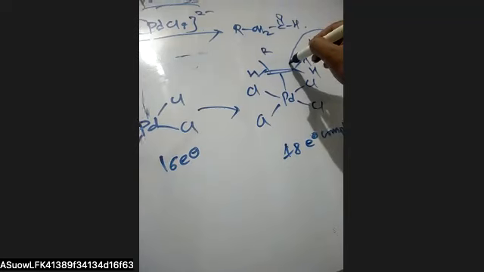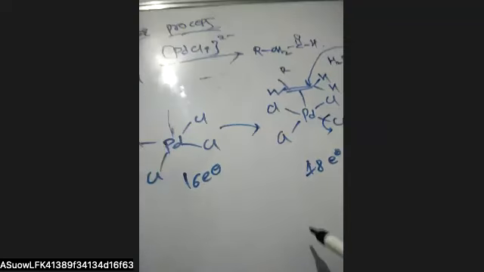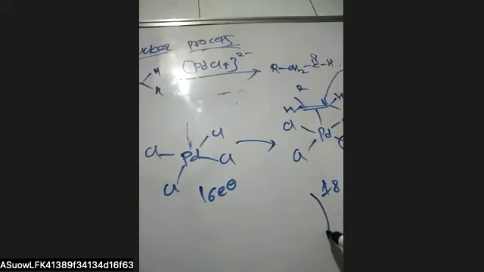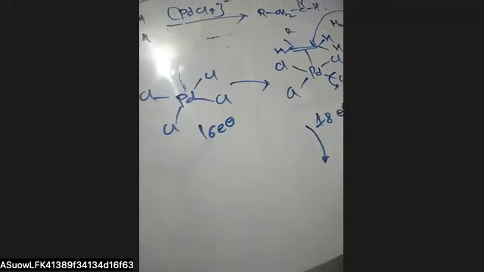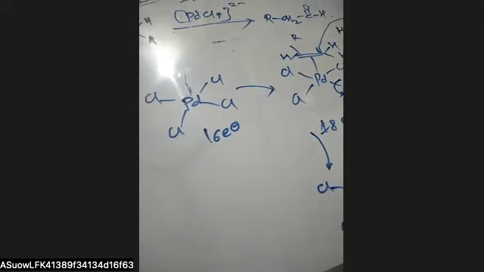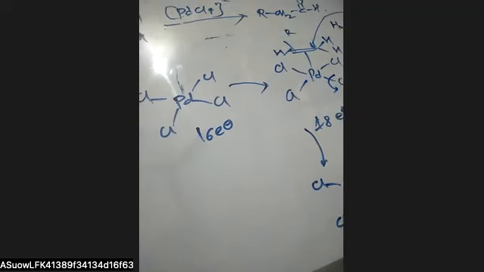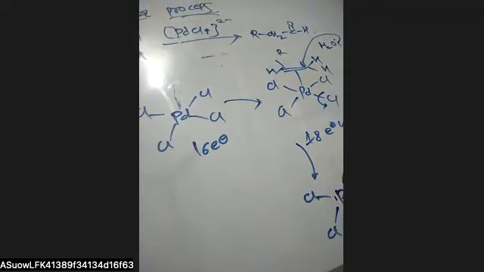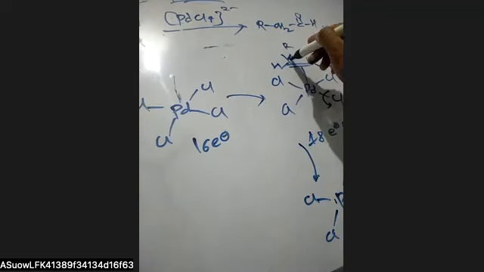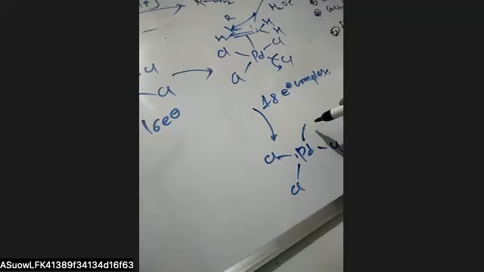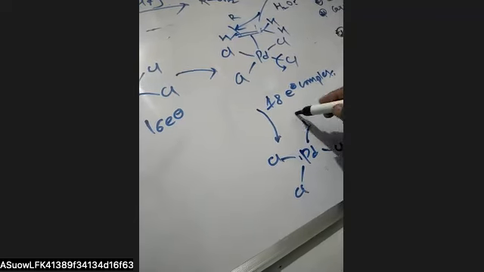So here we get the complex like this: Pd, Cl, Cl, Cl. Basically, it attacks from here. So here we get Pd, Cl, Cl, CH2, R and H. So this type of complex we get.